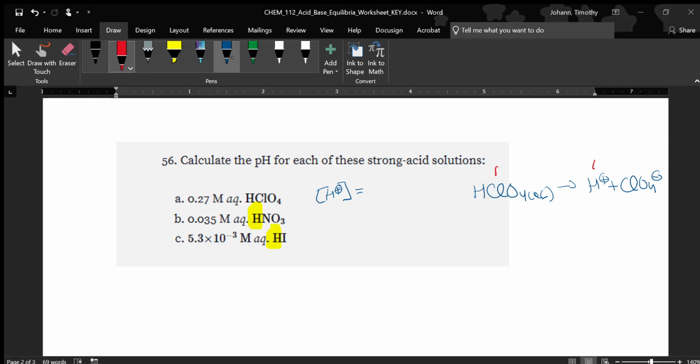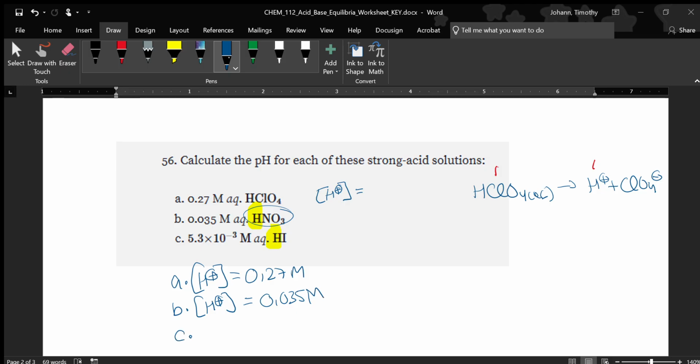And so for A, because these are strong acids, the H plus concentration is going to be equal to 0.27 molar. For B, the H plus concentration is going to fully dissociate. It's going to be equal to whatever the concentration of this acid is, 0.035 molar.